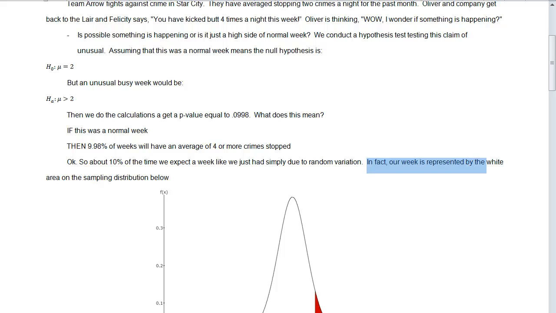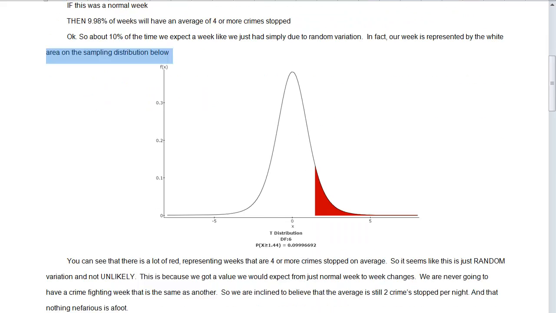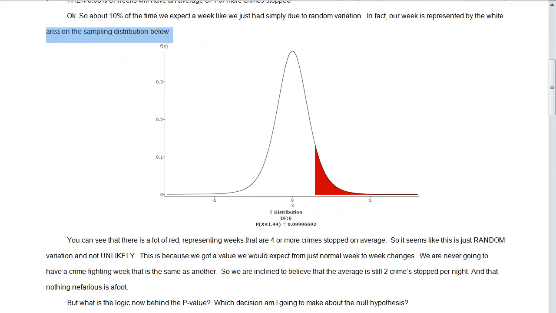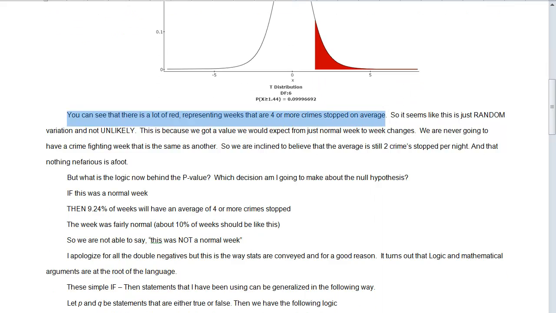So in fact, our week is actually represented by the white area on the sampling distribution below. Okay? So look, here is our sample and the greater than. Okay? And there's our probability of about 10%. You see, there's a lot of red, representing weeks that are 4 or more crimes stopped on average.